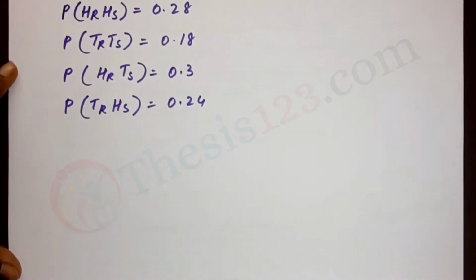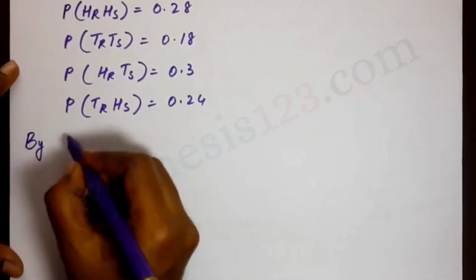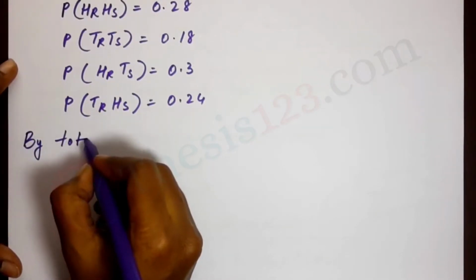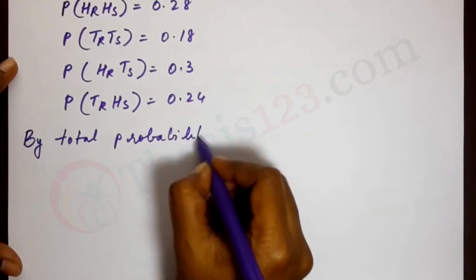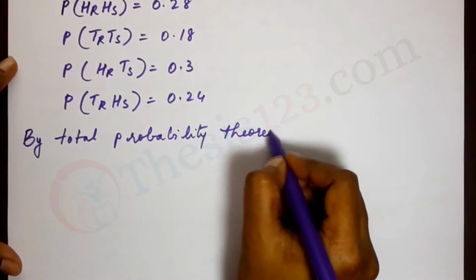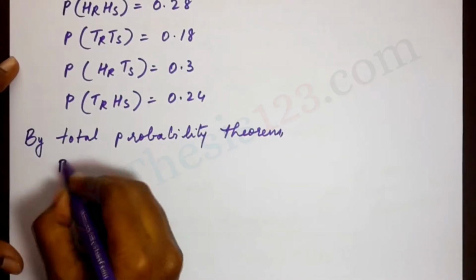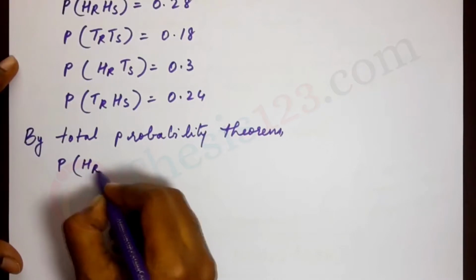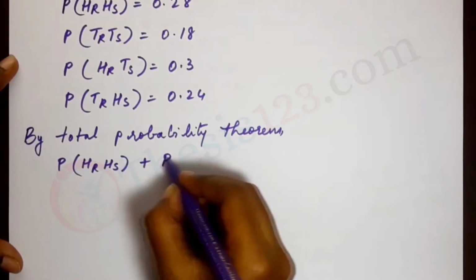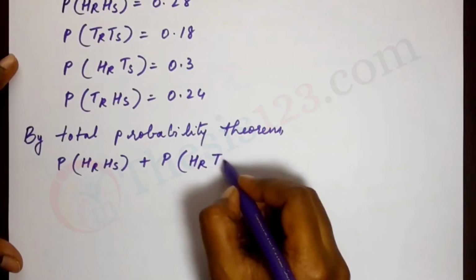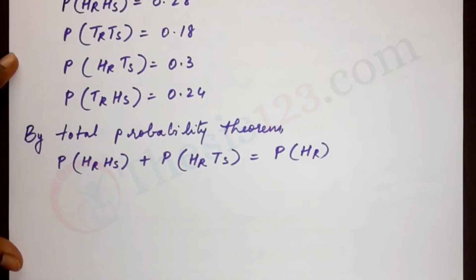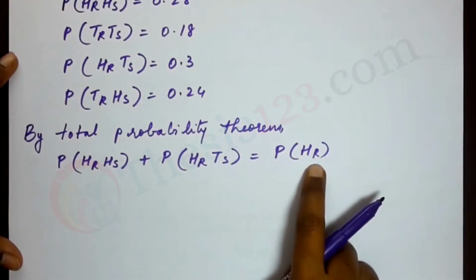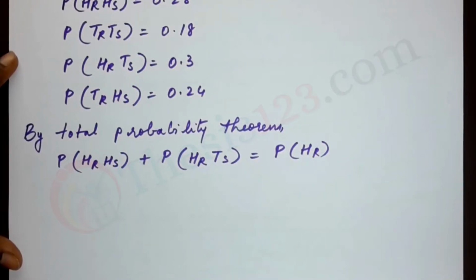Now we will have to use the formula from the total probability theorem. By the total probability theorem, the probability of HRHS plus the probability of HRTS equals the individual probability of HR, the coin R of heads.